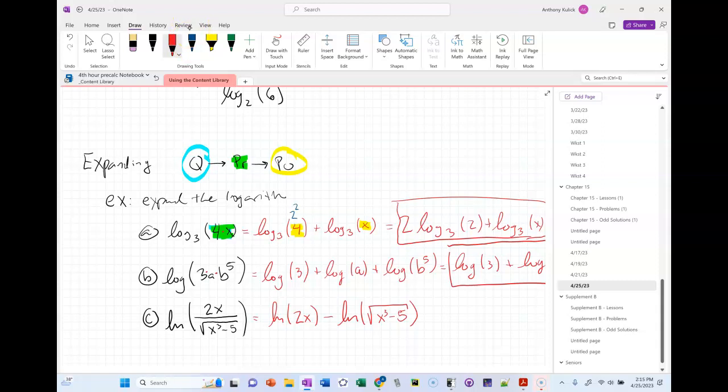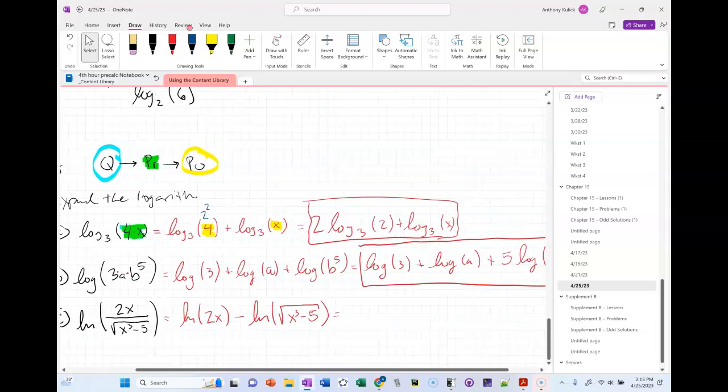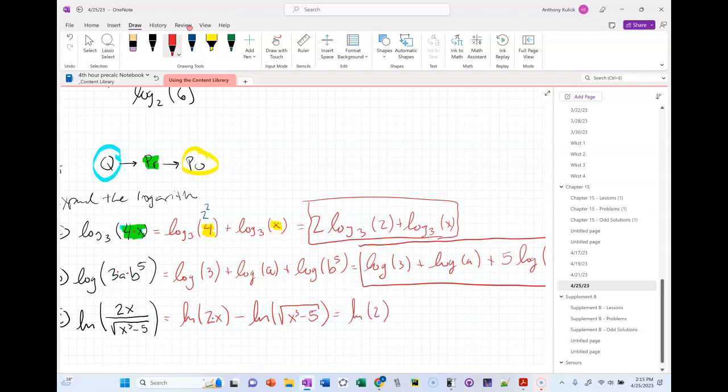Next thing we'll do is look for product properties. So if I look at natural log of 2x, is there any multiplication going on there? Yeah, right? There's a multiplication going on between the 2 and the x. So I'll rewrite that as natural log 2 plus natural log x.